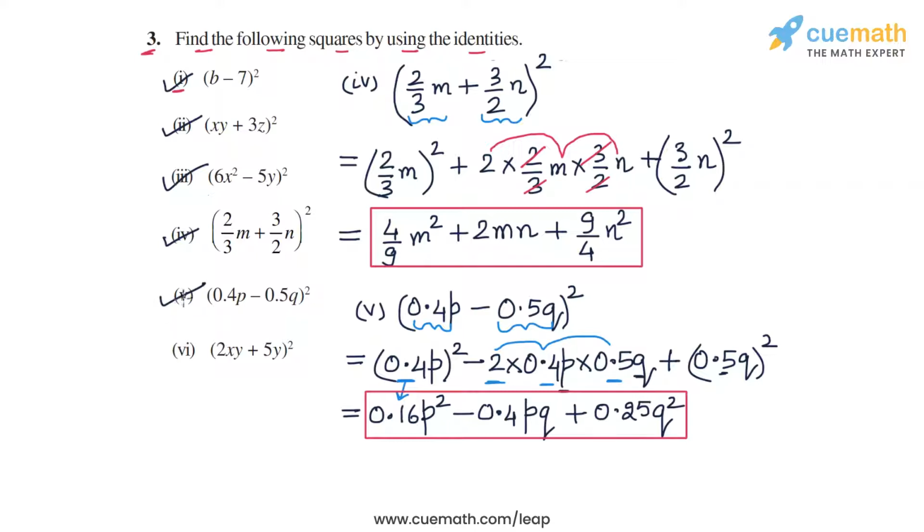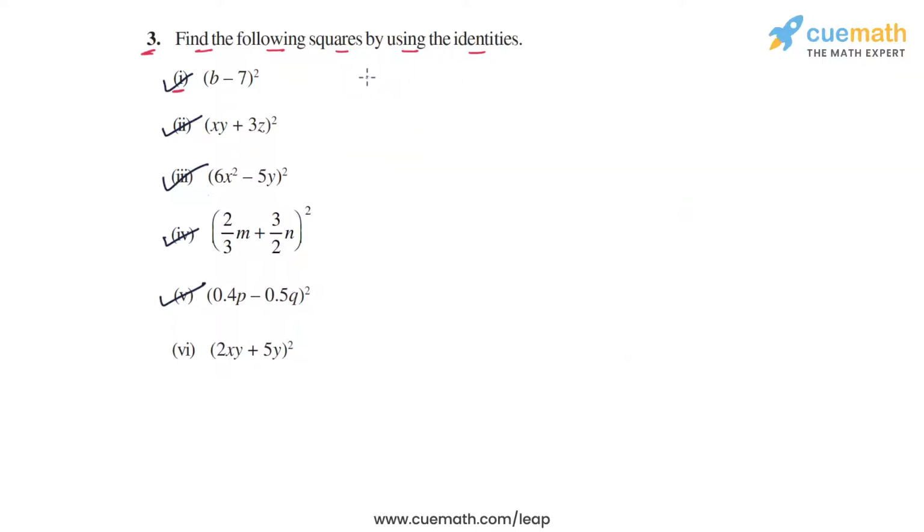Finally, we come to part 6, in which we have to calculate 2xy plus 5y whole square. So this expression is of the form a plus b whole square, where a is 2xy and b is 5y. And we can expand a plus b whole square as a square plus 2ab plus b square.